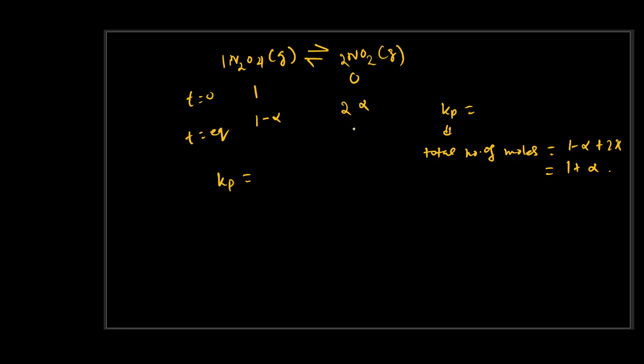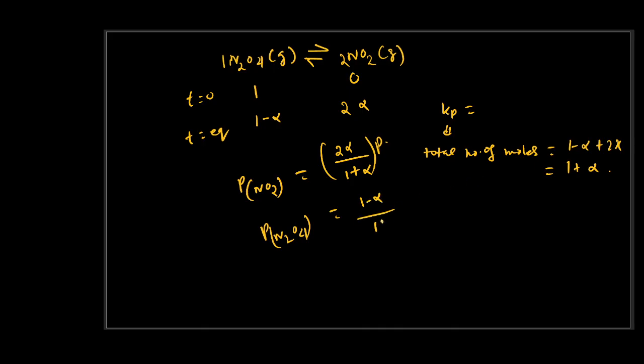So Kp will be the partial pressure of product divided by the partial pressure of reactant. So we also have to calculate partial pressures. The partial pressure of NO2 will be 2 alpha over total moles 1 plus alpha, into pressure. Similarly for N2O4, the partial pressure will be 1 minus alpha over total 1 plus alpha, into pressure. So Kp is product over reactant, and if the coefficient is 2 then it gets the power 2.